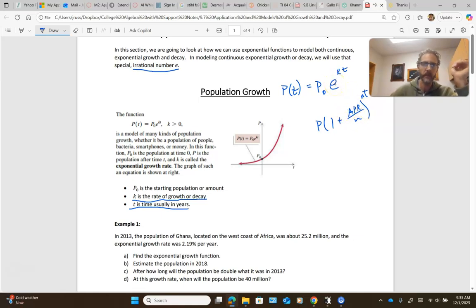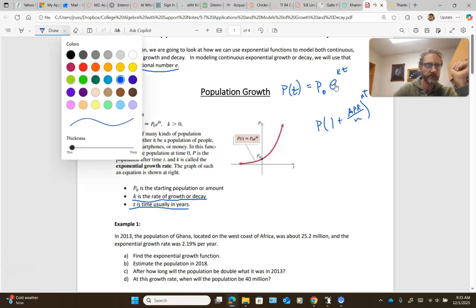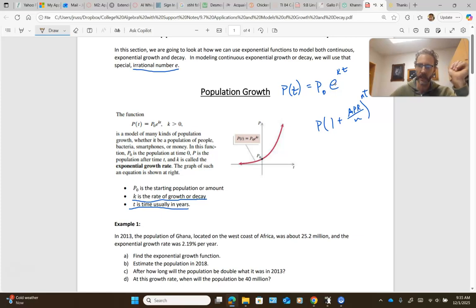Let me show you this. This is really interesting, actually. This piece right here approaches or converges to this value, or this number e, which we've talked about. Remember, e is roughly 2.71.